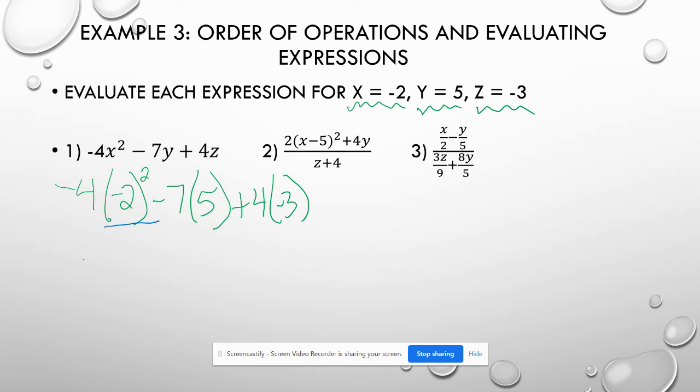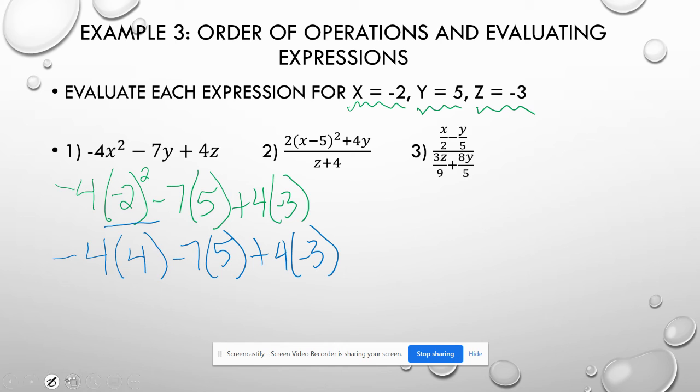Start with the -2 squared. -2 times -2 is +4. I'm still working with multiplication, so I'm going to do these 3 multiplication problems next. -4 times 4 is -16. 7 times 5 is 35.